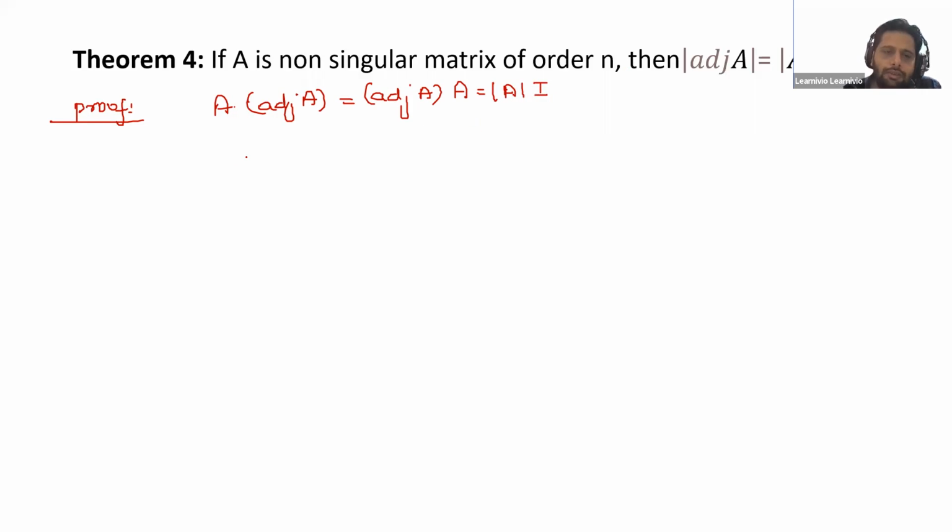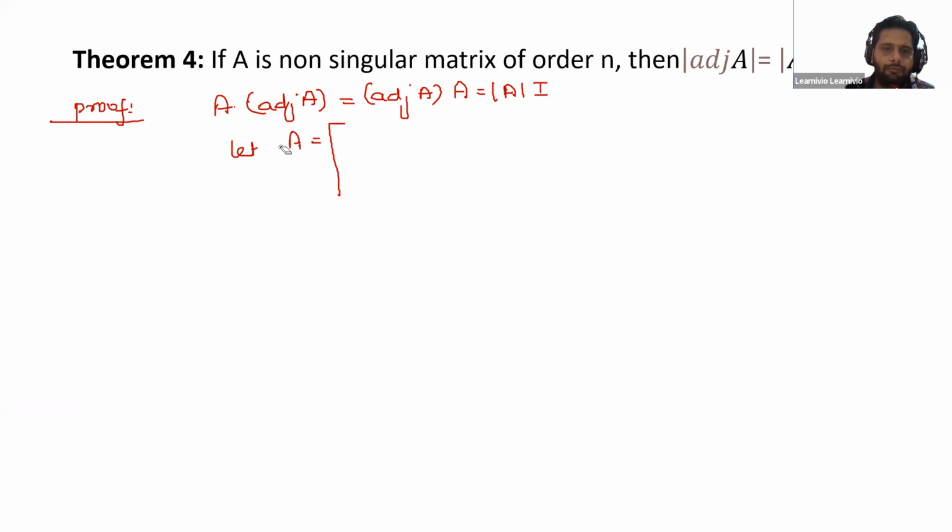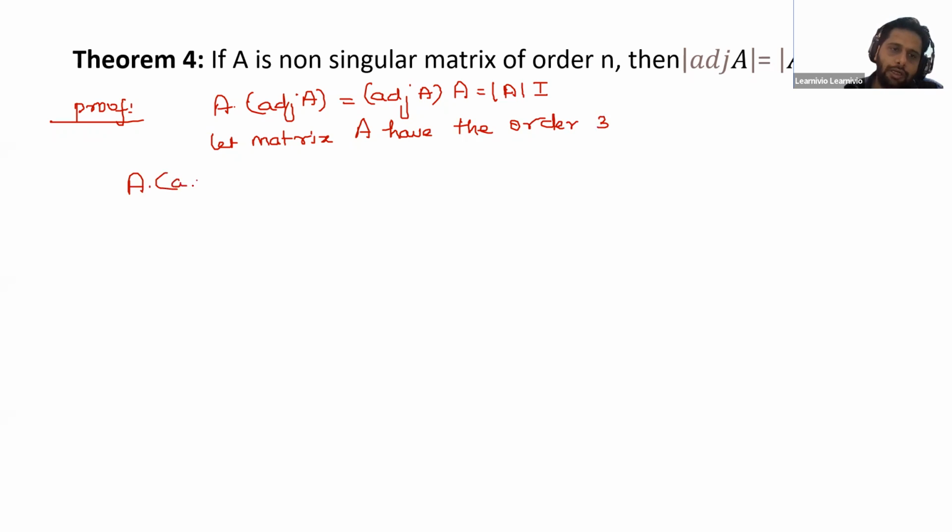Now, let matrix A have the order 3. So that means A into adjoint of A is equal to determinant of A into I.